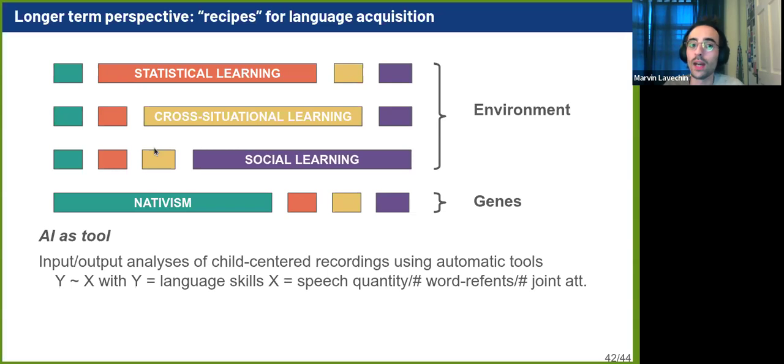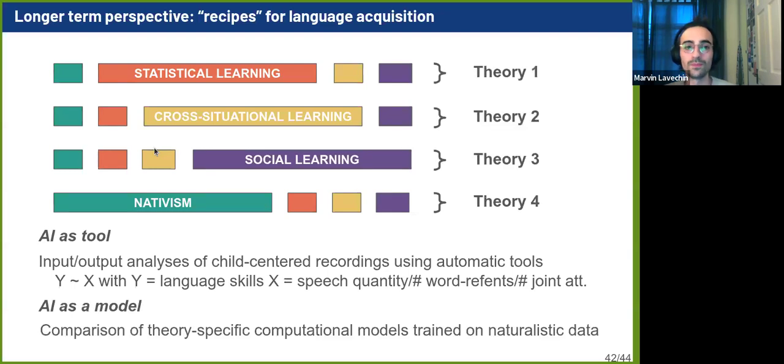If we do that on large-scale databases, we can run models like y as a function of x, with y the language skills of the child, and x different variables of the environment, such as the speech quantity, the number of word references, or the number of joint attention interactions. So this is how we can use AI as a tool to study language acquisition.